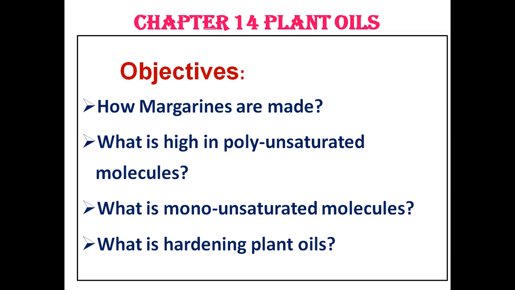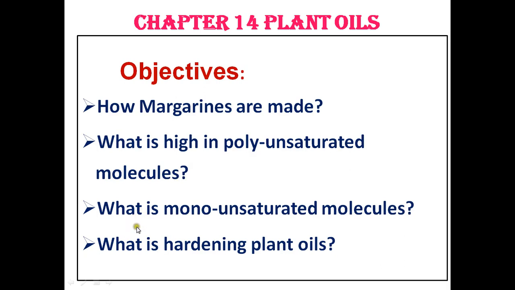Today's objectives, what we are going to see in today's lesson, are what margarines are and how margarines are made. That is our first objective. The next is what is high in polyunsaturated molecules.